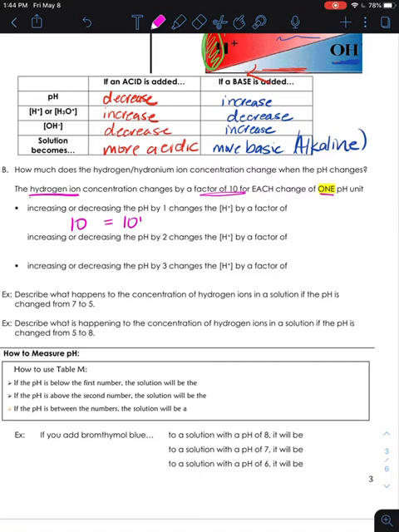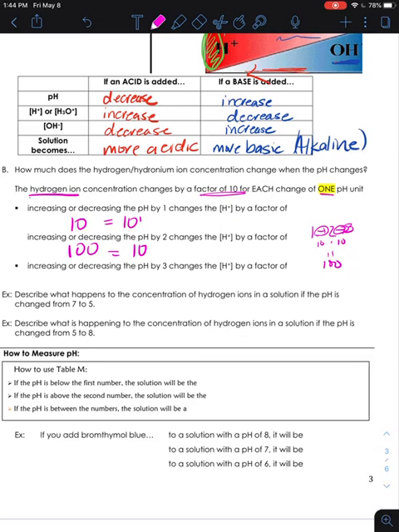Okay. Increasing or decreasing by 2 would be 100 times. So you might be able to see this as, let's say we're going from a pH of 1 to 3. If I go to 2, that's 10. If I go to 3, that's another 10. So 10 times 10 equals 100. Or we can use the tens and scientific notation to help with looking at what this means using exponents.